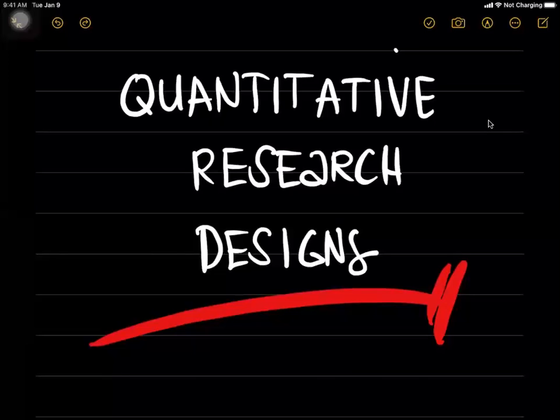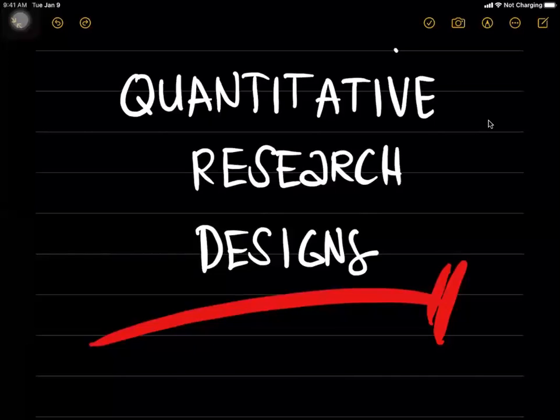And students will always get confused with that kind of question. But if we really do understand what research design is, it is very easy for us to identify it. It's actually just a very simple concept to comprehend.